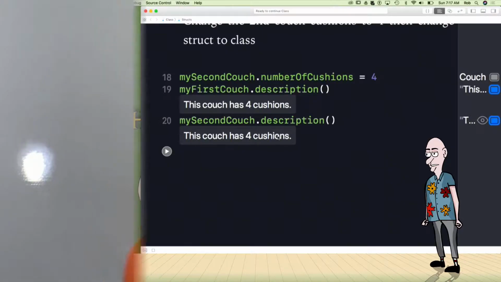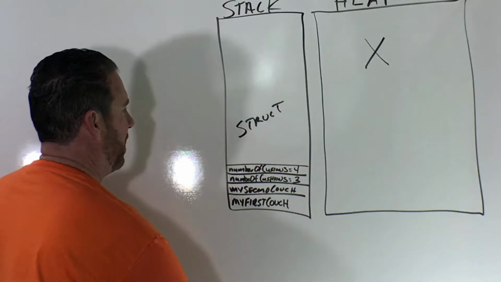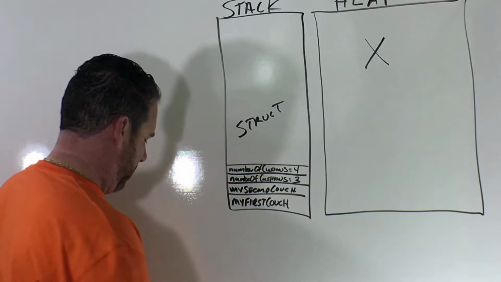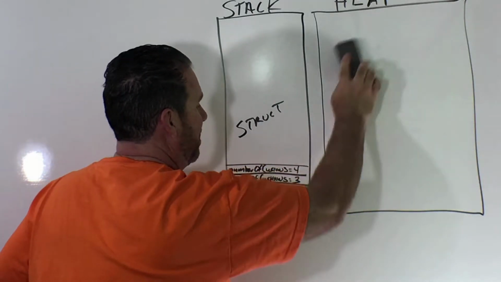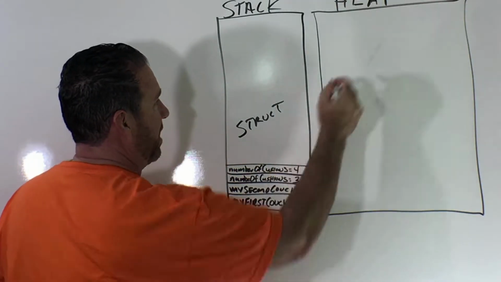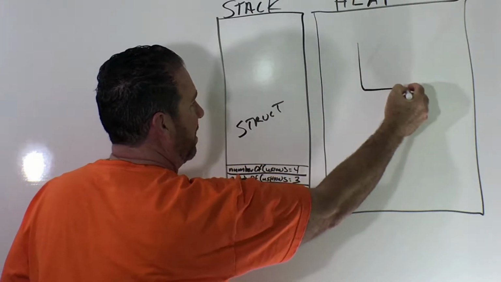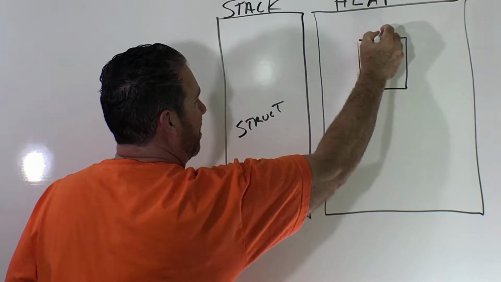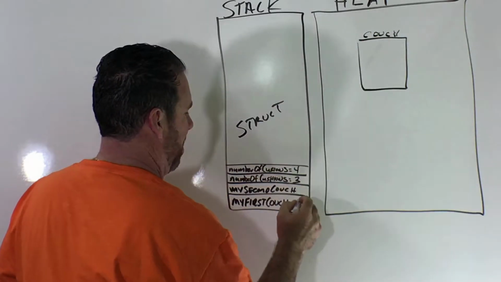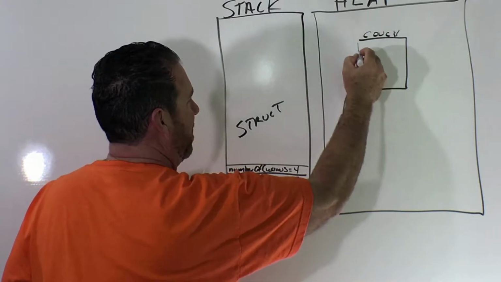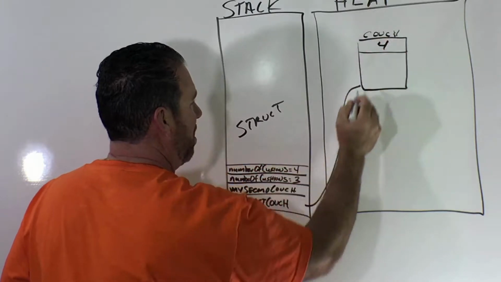Okay, so now we switched it over here and we decided to make it a class object called couch. Okay, and now this points to this one, and we have number of cushions 4.